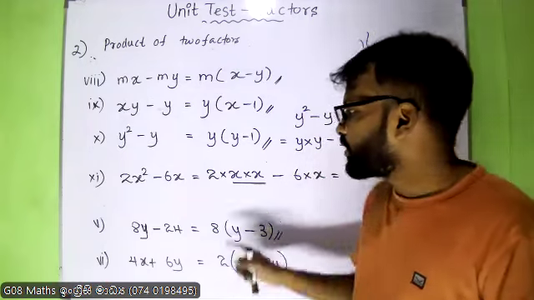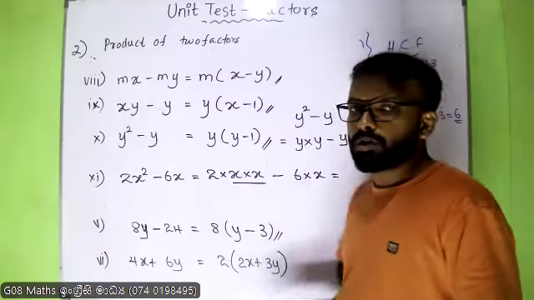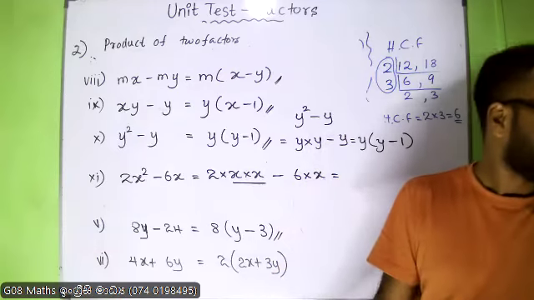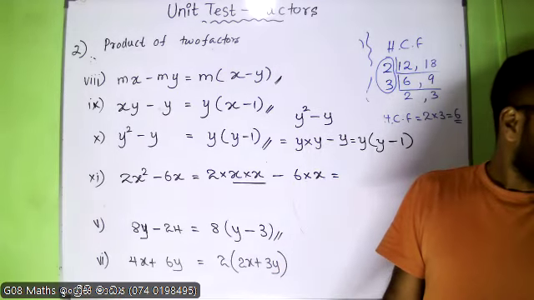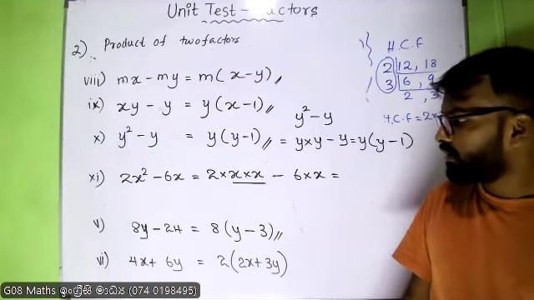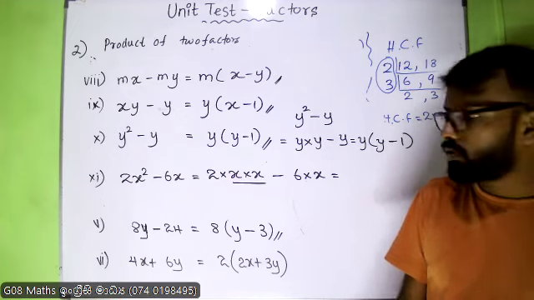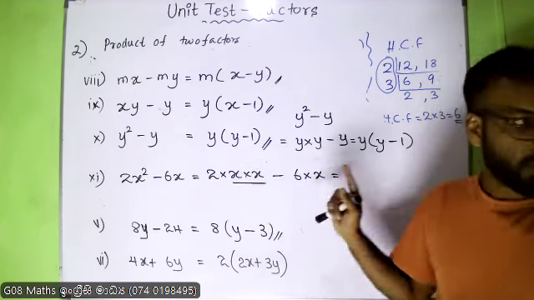Sharon, can you tell me what the common terms are from this one and this one? Sharon is saying 3. So 3 is not a common term for this one and this one.